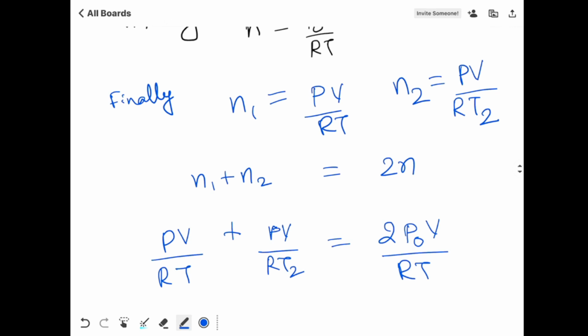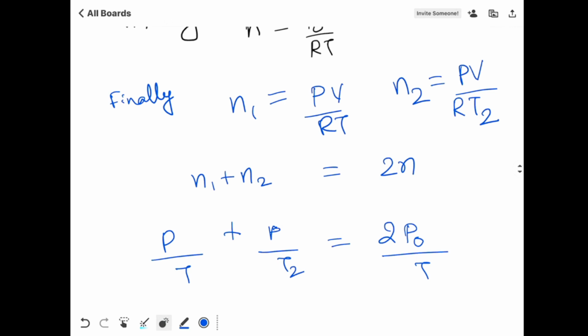Now we just need to put the values in this equation and solve. Volume will get cancelled out, so we remove the volume from the equation. Similarly, R will also get cancelled out.